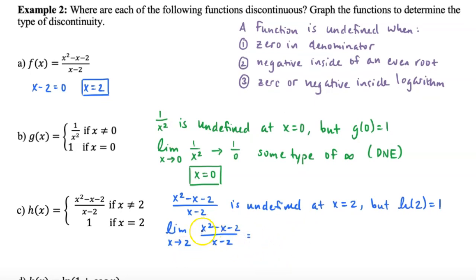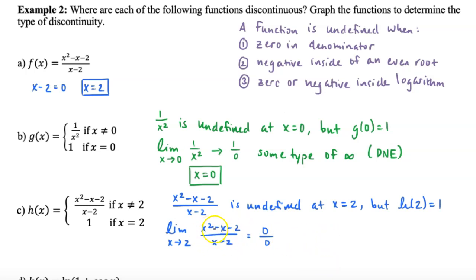I get 2 squared, which is 4, minus 2, minus 2. Okay, now I have a 0 in the numerator and a 0 in the denominator. This doesn't mean my limit doesn't exist, it just means I don't know what my limit is yet. If I get 0 over 0, I'm going to try to do what we've been calling remove the discontinuity, using my techniques of factoring, rationalizing, or some of those other miscellaneous techniques.